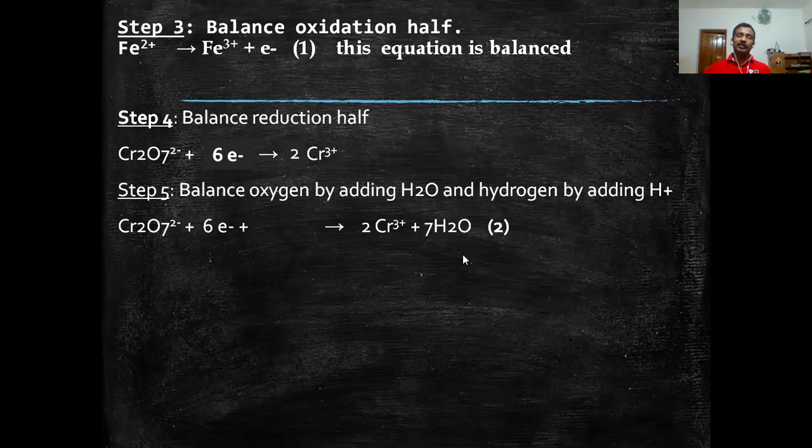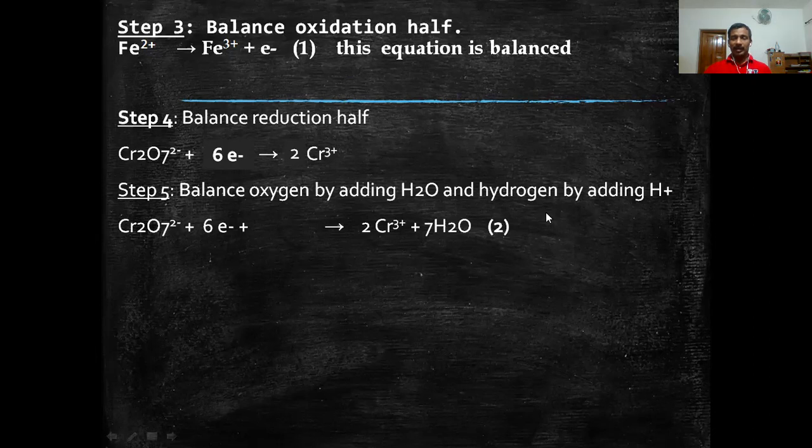Now, as we already mentioned, chromium atoms are balanced. Now we have to balance oxygen atoms by adding H2O in the deficient side, and finally balance hydrogen by adding H plus in the deficient side, because the medium is acidic. Here 7 oxygen atoms, so add 7 H2O in the deficient side. 7 H2O is added.